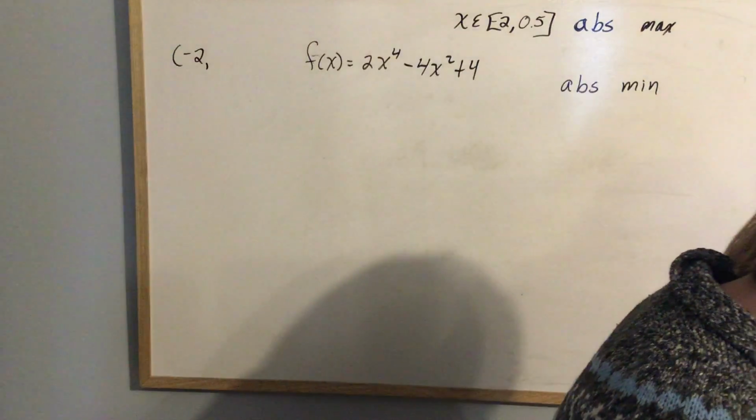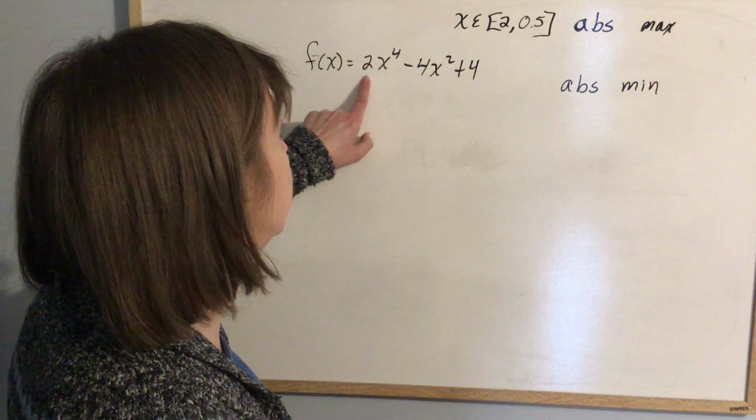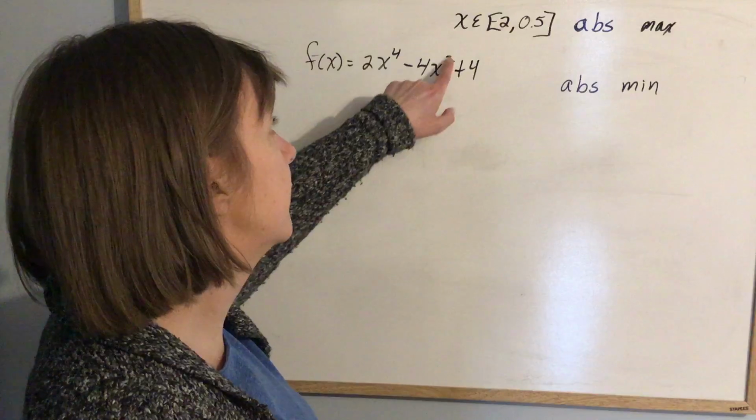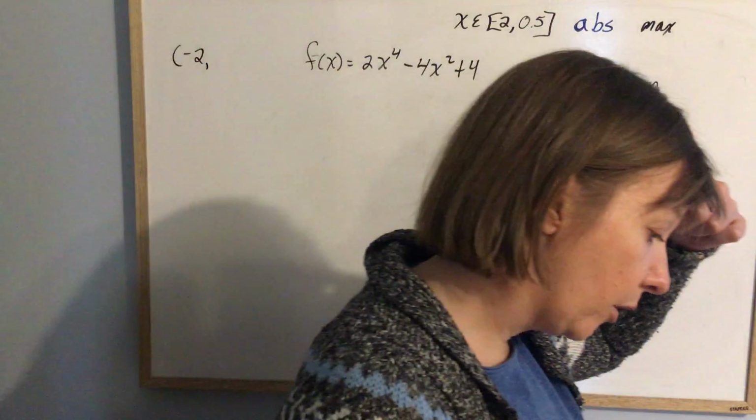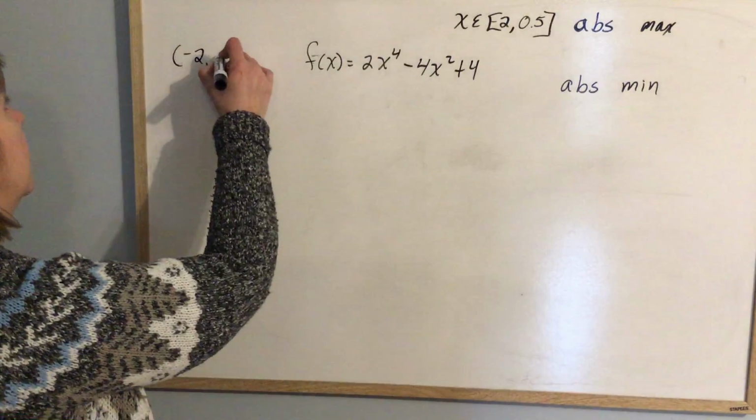So if I take -2 and put it into here, -2 to the 4th times 2 minus 4 times -2 squared plus 4, I end up with 20.